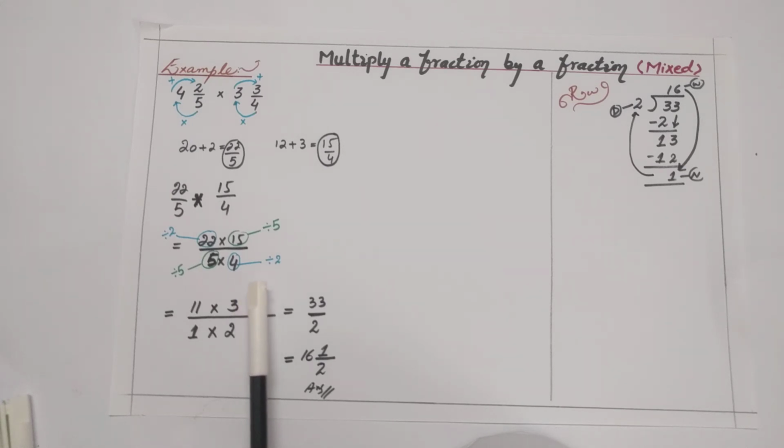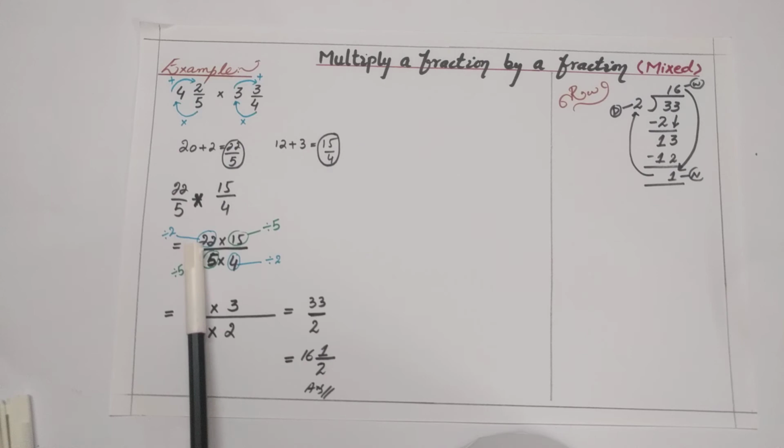But as I told you in the previous lecture, there is one more method, like this one, where you can find the common factors for the numerator and denominator. Over here you have to find the highest common factor.